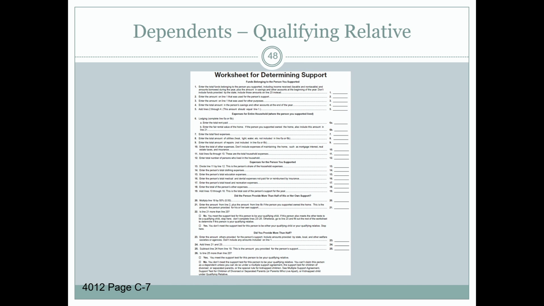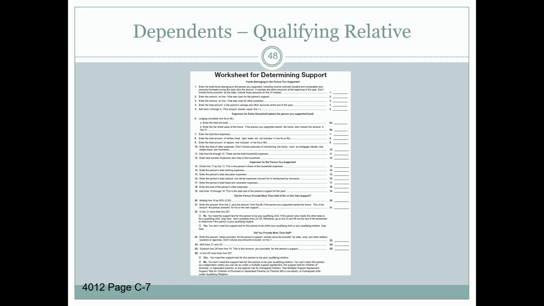But if you'll notice on number 17, it also talks about travel and recreation. And then on number 18, we have the total of the person's other expenses. So it's pretty much talking about anything that that person may have spent money on for themselves.